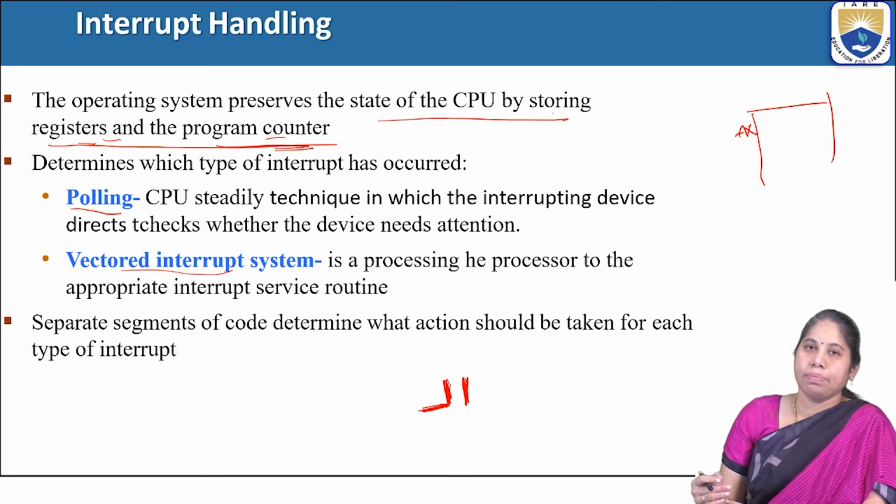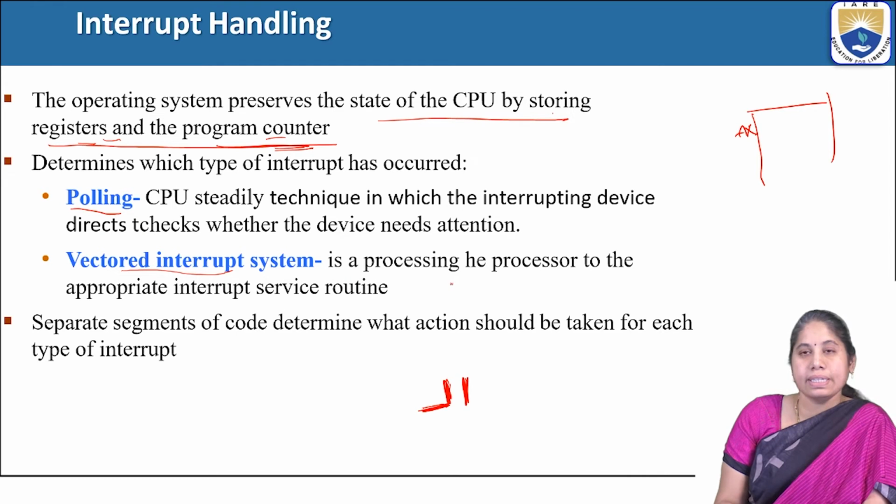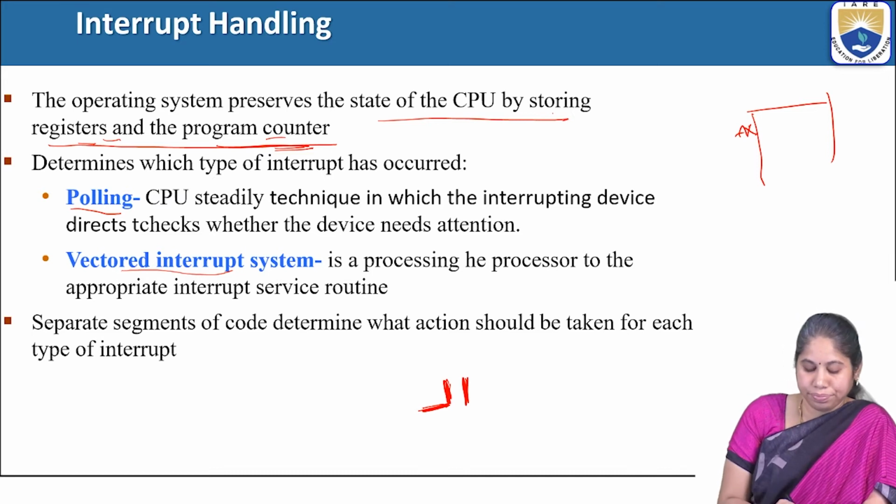That is how polling happens. In the vectored interrupt system, the processor goes to the appropriate interrupt service routine using some addresses inside the ISR. Separate segments of code determine what action should be taken for each type of interrupt.